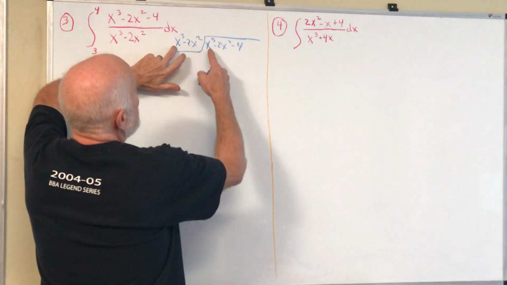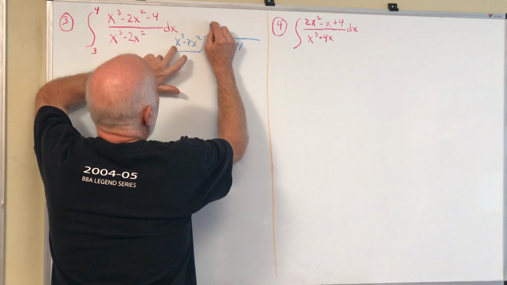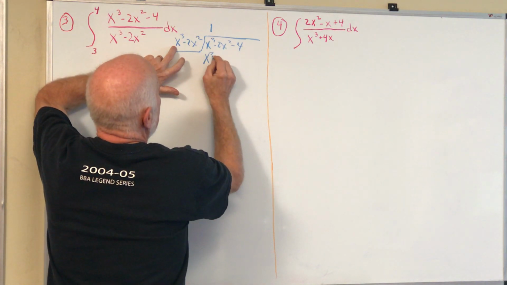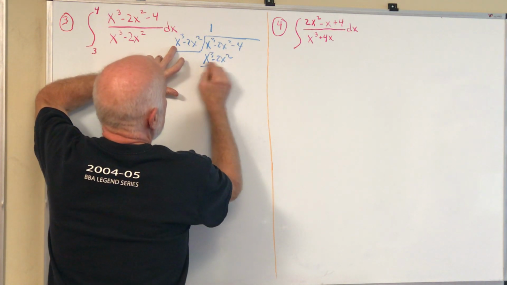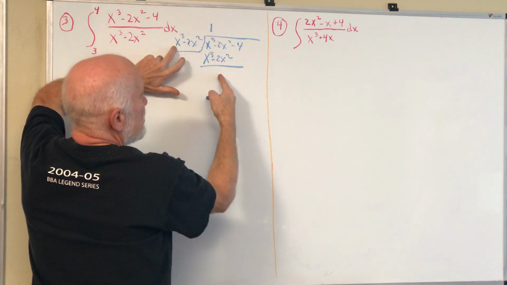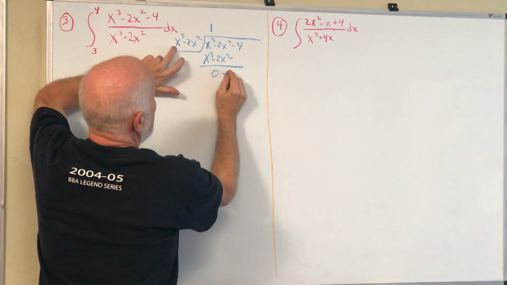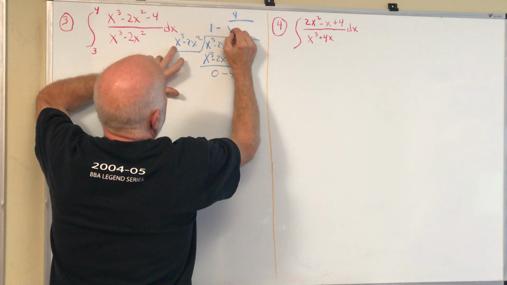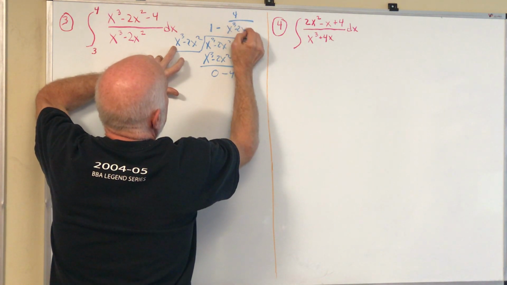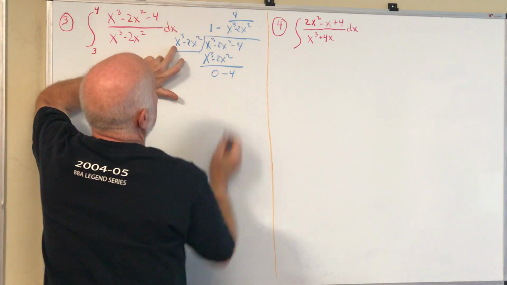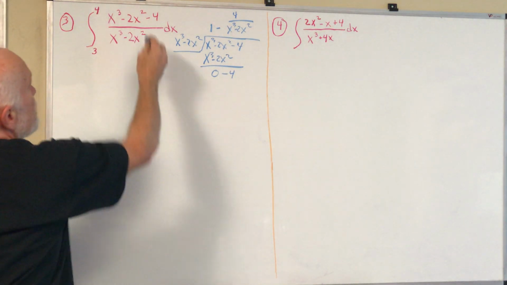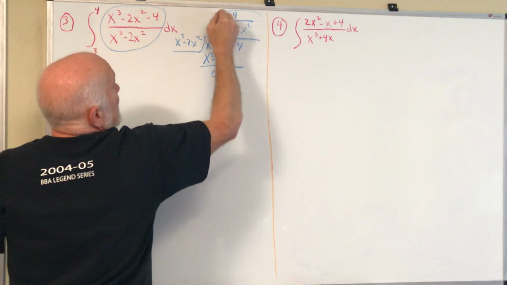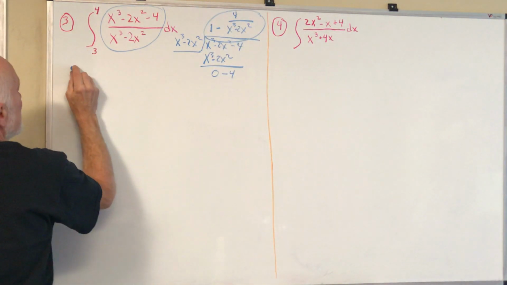So x cubed goes into x cubed one time. And then you multiply this times this. And then you subtract. Well, these two just turn out to be 0. So you get negative 4. So what I have to do then is replace this with this and take the integral.